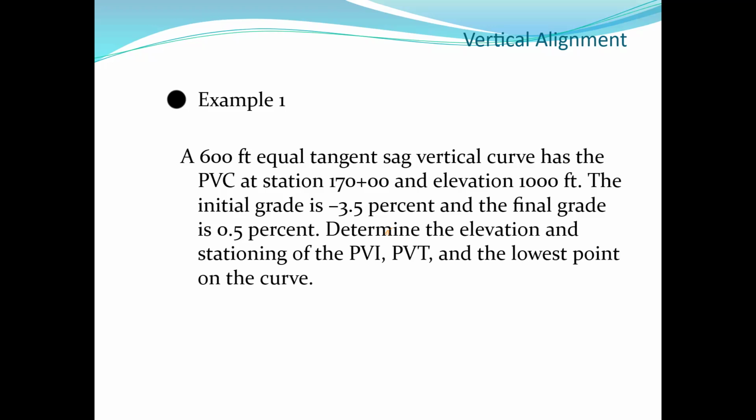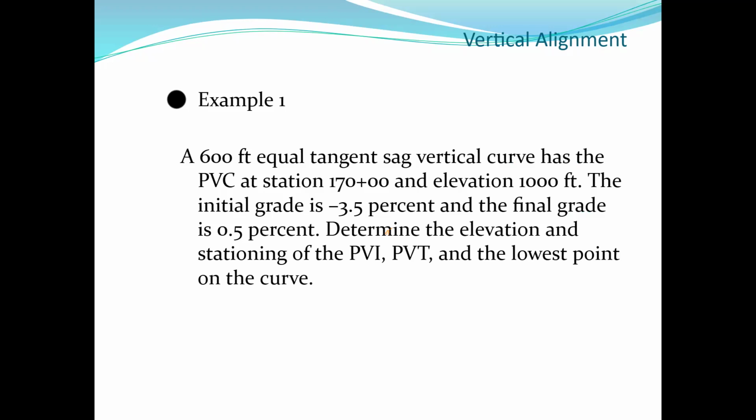It has the PVC at station 170 and the elevation at 1,000 feet. The initial grade is negative 3.5% and the final grade is 0.5%. Determine the elevation and stationing of PVC, PVT, and lowest point on the curve. We haven't talked about lowest point, and we will in just a second.